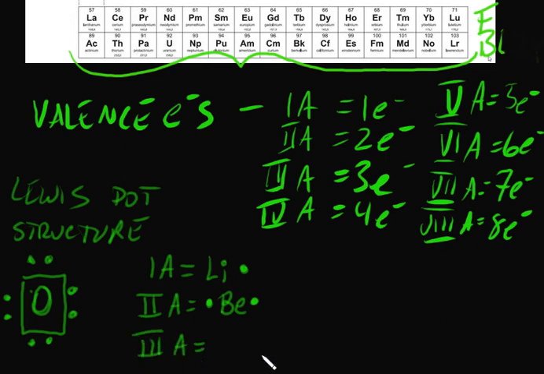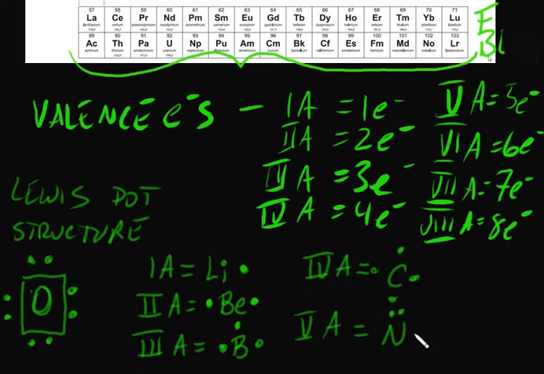Group 3A, boron will have 3 dots. We don't pair them. Group 4A, carbon, we have 1 dot on either side. 5A, this is where we have to pair. And we will, let's say, pair them on the top there. So nitrogen is our example. It has 5 dots.